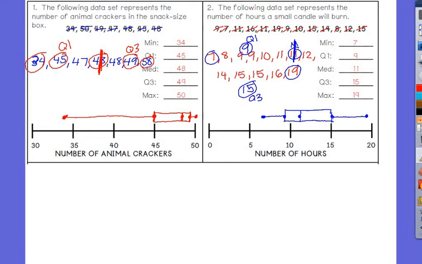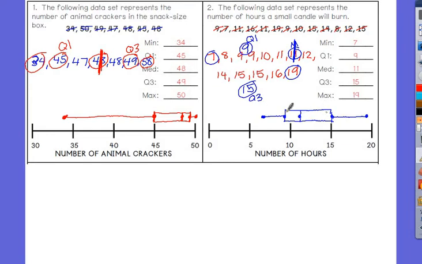So, do I have a major outlier? No. They're kind of close to being equal lengths. One is a little longer than the other. Who would that be? 19's kind of out of there. Then who's the other outlier? 7.